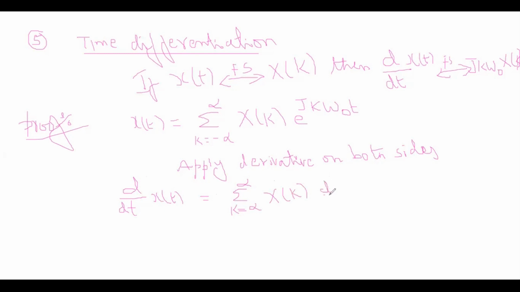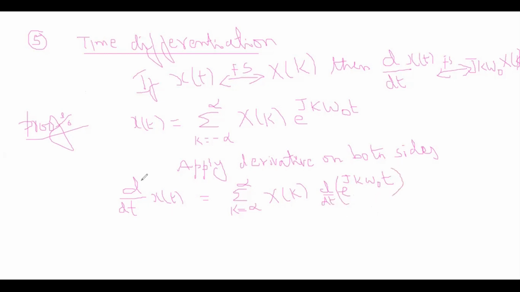So d by dt of e power j k omega naught t. Following, my students? So here only we have the t.